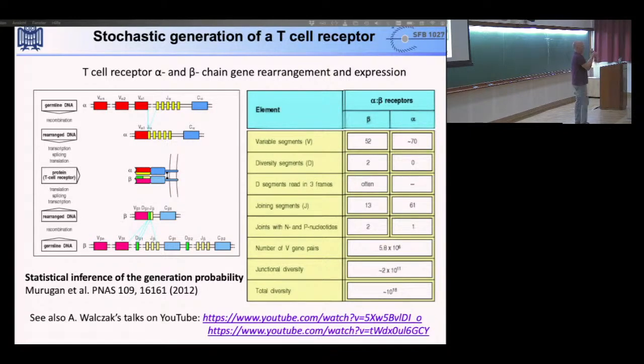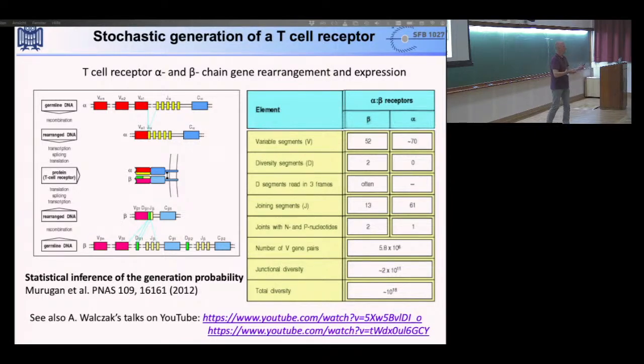When it fits, there is another control mechanism, and then they get activated. Activation means, in this case, a change in the genetic program. The gene expression pattern has to change, because normal inactive T cells do not carry cytotoxic material around all the time; that would be highly dangerous.